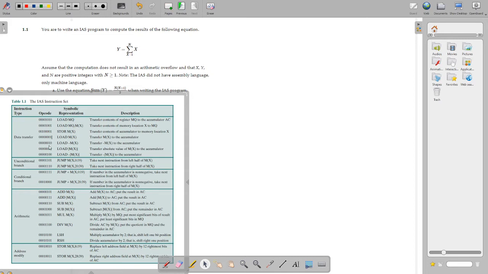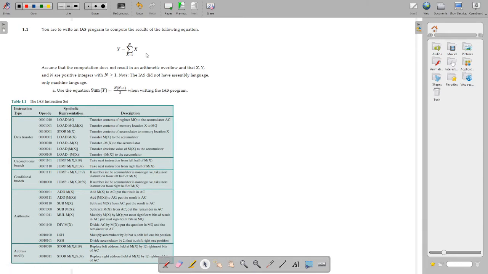If you remember from assembly 218 that you had instructions like add, load, store, jump, that kind of thing. We have all that right here for the IAS. And then it says it was machine code, which just means rather than writing add, load, whatever, you would just write the corresponding opcode in binary. So load would be that instead, but it would be basically the same program.